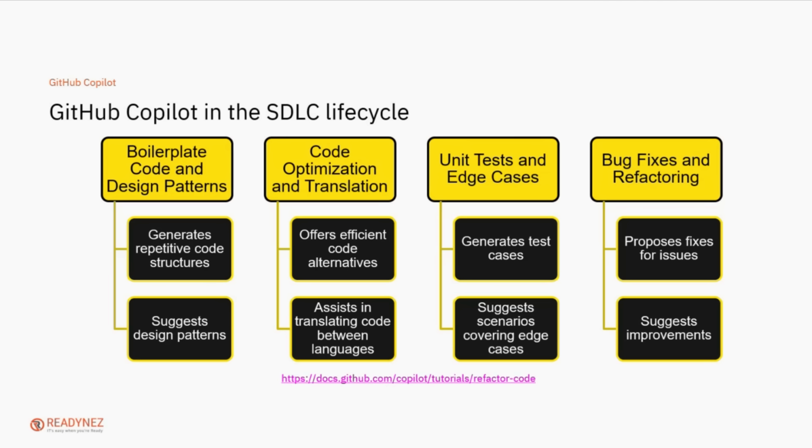And then once I've built my code, look for how to make my code better: readability, translation, refactoring again. In fact, that link's wrong. I'll update that link. It should be for the SDLC link. Then generating testing, and then looking at fixes and suggesting improvements. We can use it right the way across. It's not just the initial building of code. So there are some use cases.